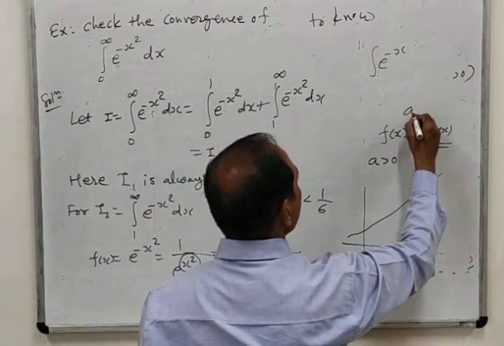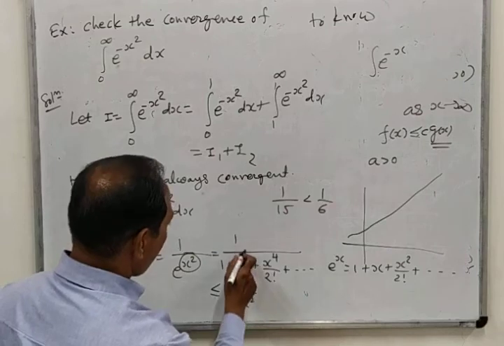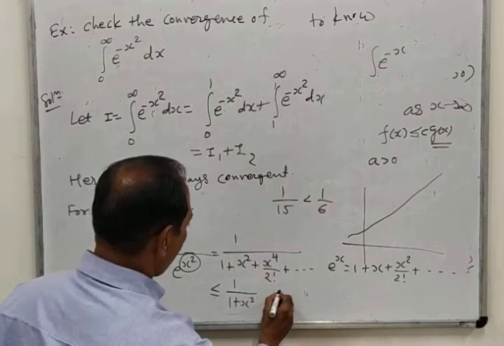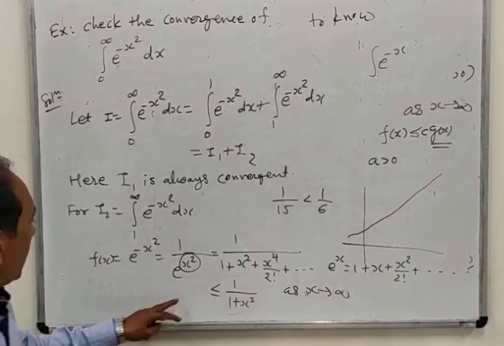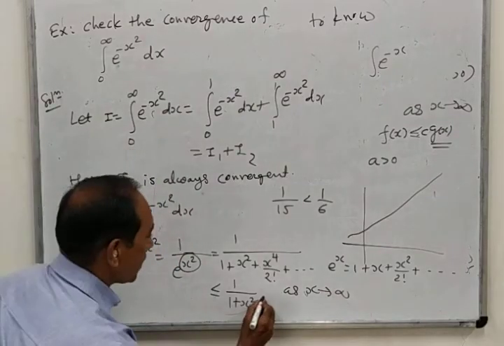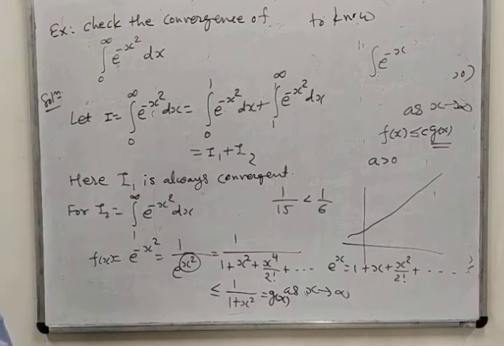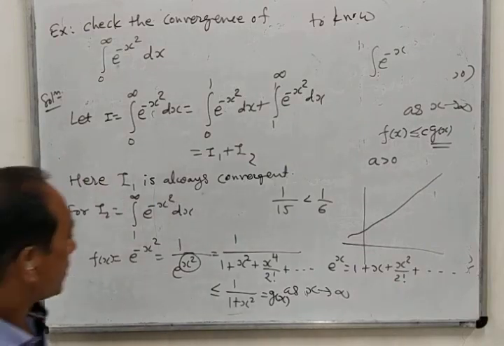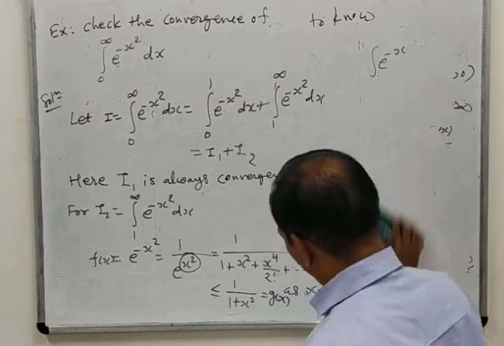But as x tends to infinity, one condition must be there. So this is equivalent to 1 upon x square as x tends to infinity. We will consider this as g of x.